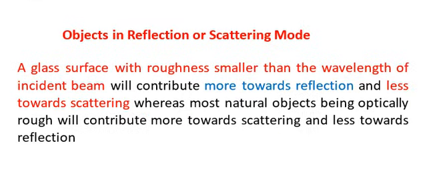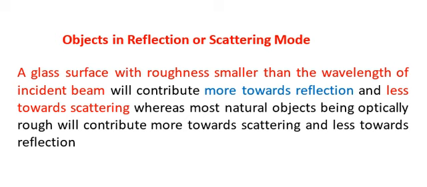And then we have some objects in the reflection or the scattering mode. You see that for the objects which we have shown previously, we can write down their mathematics in analytical form very easily. But for those objects which are scattering the light, or from where the light is reflected off, the reflected and scattered light is in such a form that we cannot write the analytical mathematics for such objects.